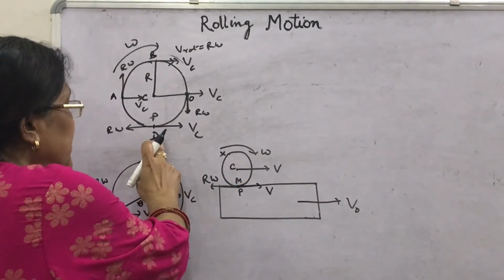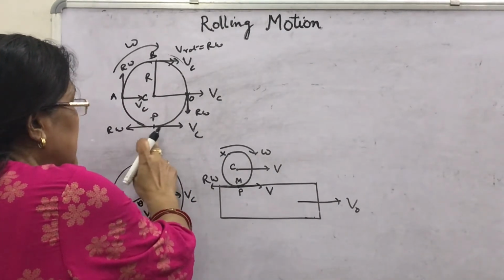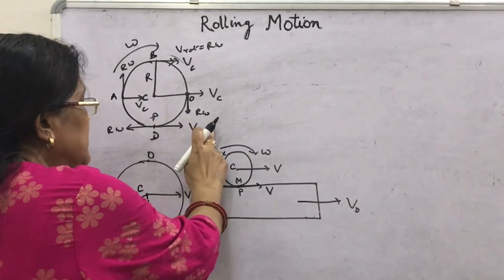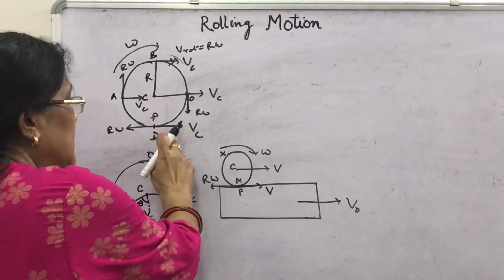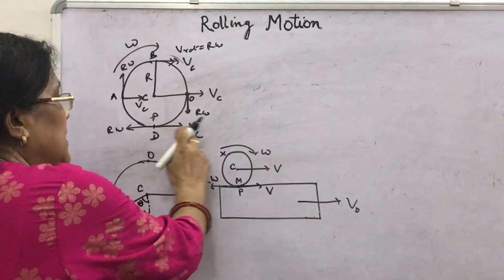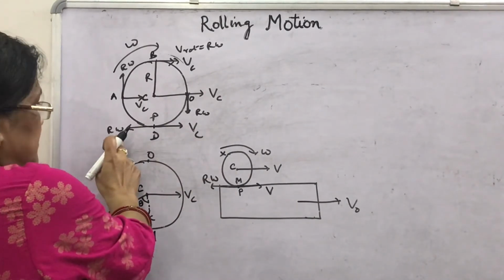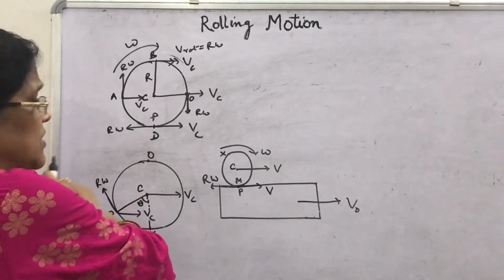Here the lowermost point is D. It should be at rest. That means the velocity of the center of mass, which is the same at D due to translational motion, and r omega opposite to this due to rotational motion.